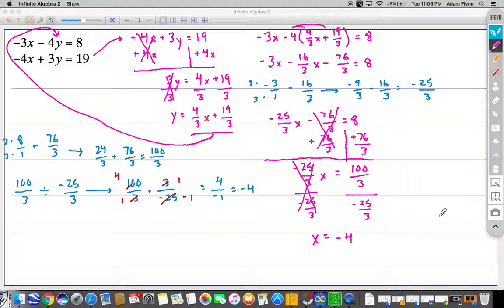So now that I know that x equals negative 4, I can take that negative 4 and plug it in for x in either the top equation, the bottom equation, or this manipulated equation. Okay, so how about we plug it into the manipulated equation again? We'll continue on that trend. So we have y equals 4 over 3. Instead of x, we've got negative 4 plus 19 over 3.